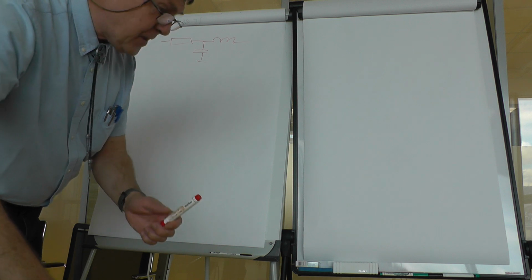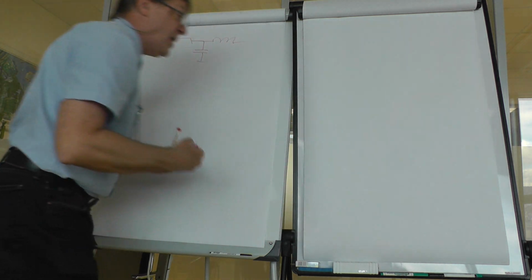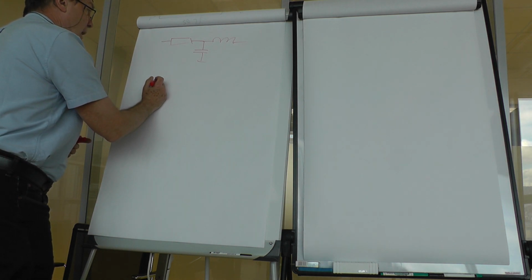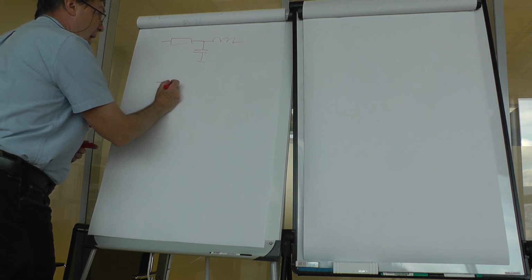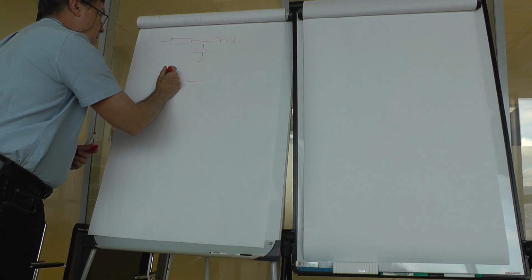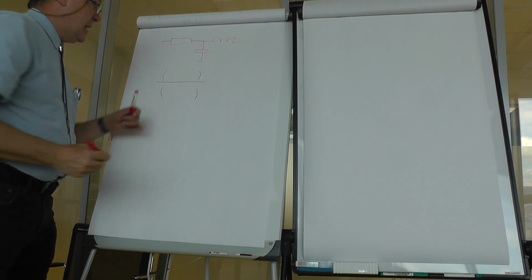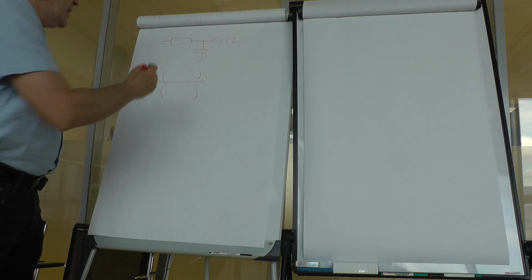So more or less, a frequency response of such a linear circuit would look like a fraction in which you have some coefficients in numerator and denominator.